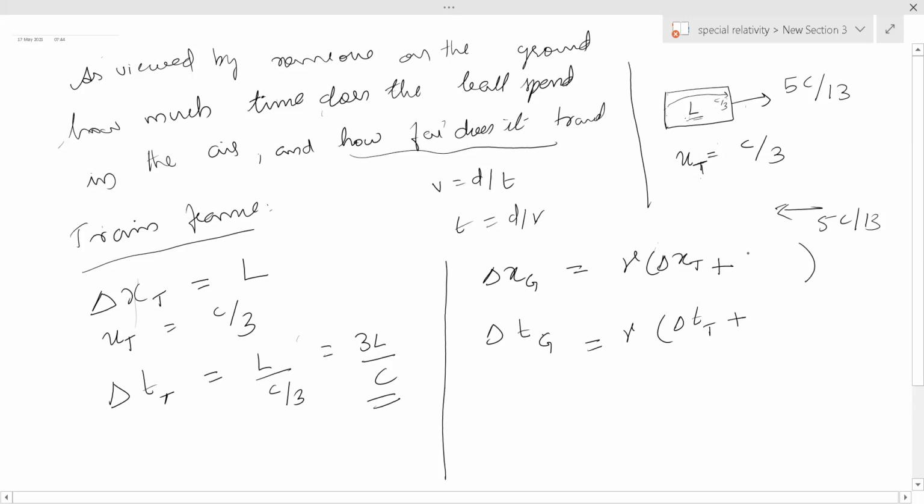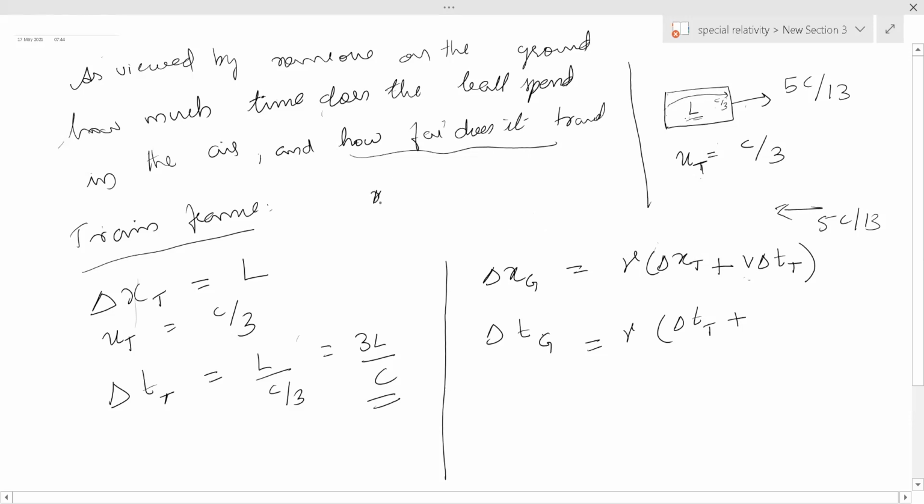It's delta x plus v delta t, right? You just look at the Lorentz transformation formula. We had this formula here.